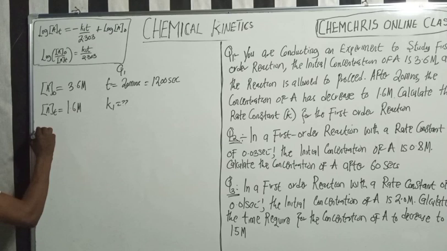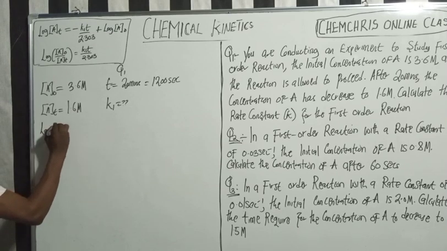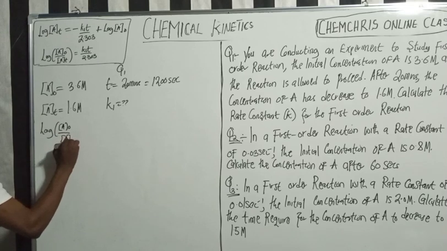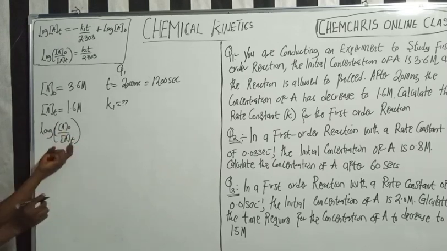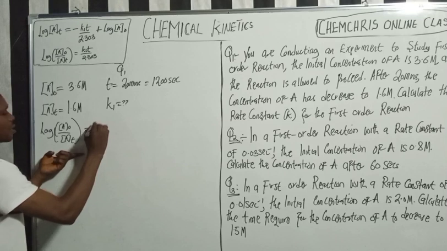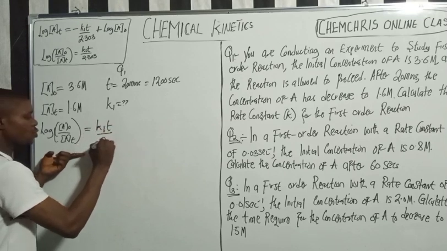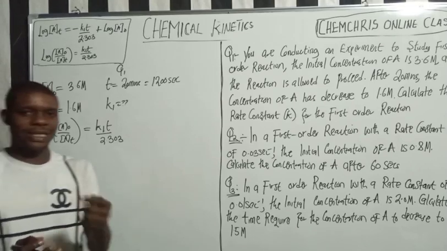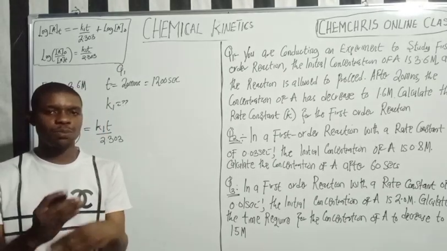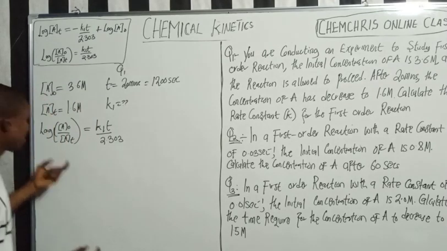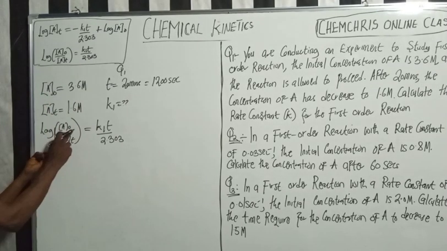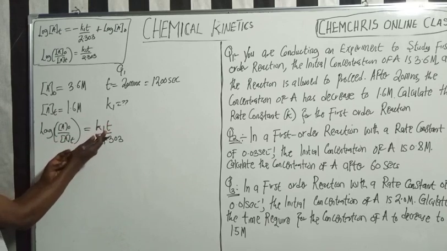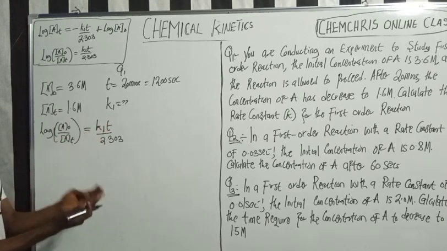So I will say log A naught over At equals k1 t over 2.303. You select the one that is easier for you. The reason I pick this one is because I know my A naught and my At, I can easily take the log of the two of them, and I can easily make k1 the subject of the formula. That is the reason I'm using this one.